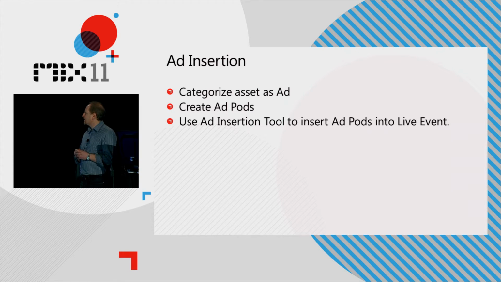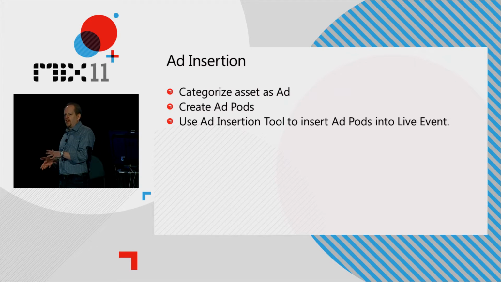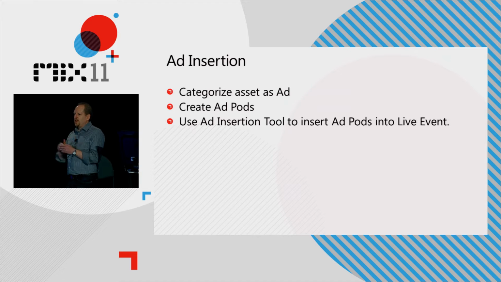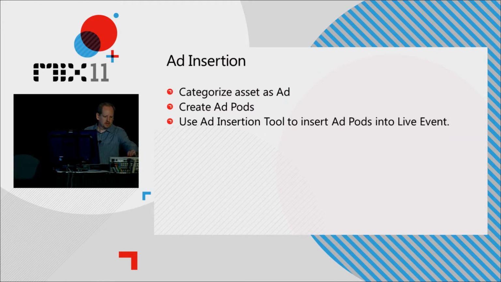I'll show you that in just a second. And the other piece of it is once you've created those ad pods, you have to associate them with a live event, which is what I did when I moved that ad pod across for the live broadcast that was happening. And then finally, we have this utility that allows us to insert the markers into the manifest that tell it that the ad should be played now. So let's go ahead and look at that.